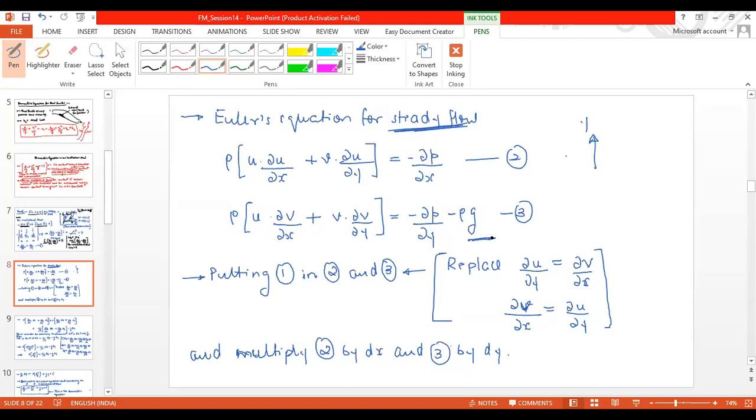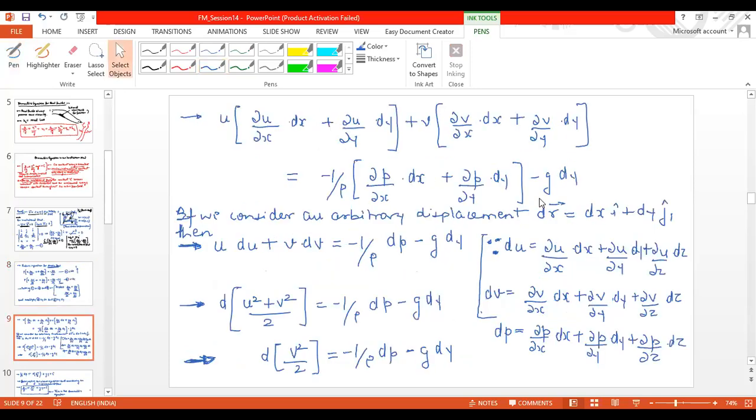Now simply replace, in this equation, delta U by delta Y by delta V by delta X, and in this equation replace delta V by delta X by delta U by delta Y. Then multiply this equation by dx and this equation by dy.